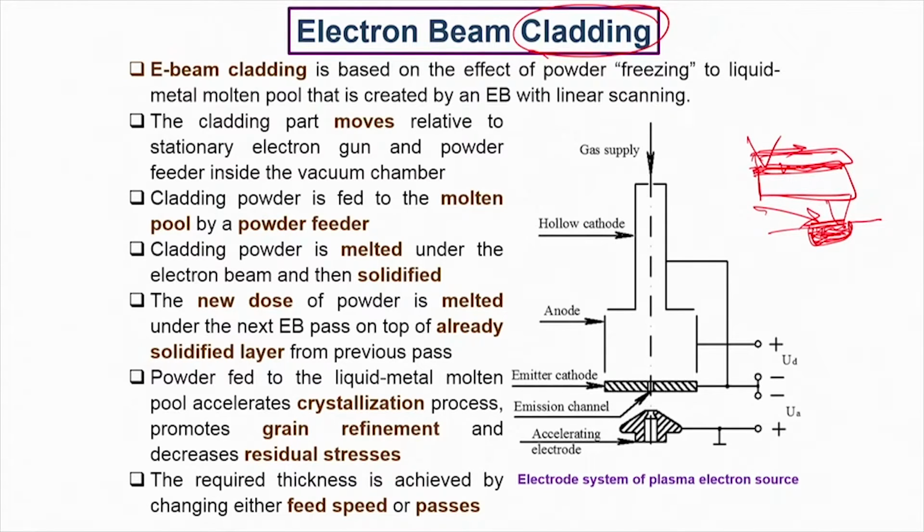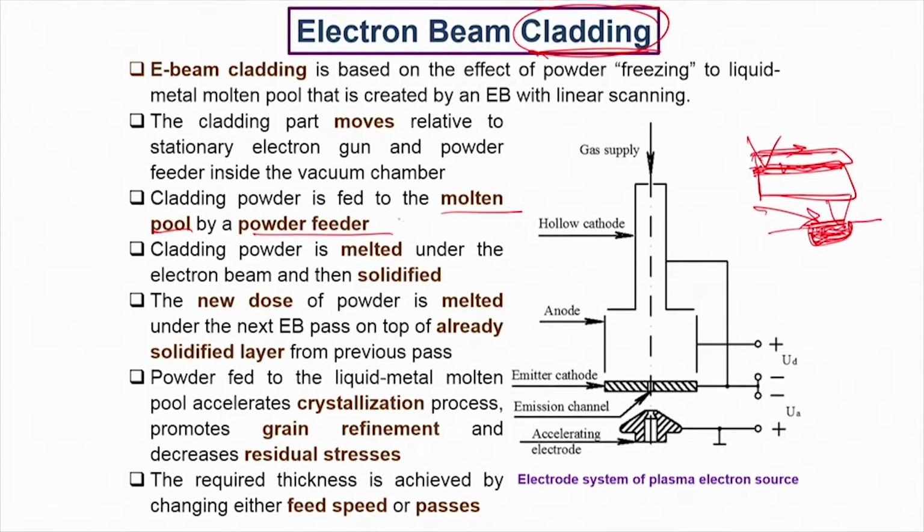So cladding is a very important application. In fact, on components which are, for example, maraging steel or high alloy tool steels, or even zircon alloy or titanium alloys and so on, this kind of possibility is certainly very useful. So we can feed into the molten pool by way of powder.